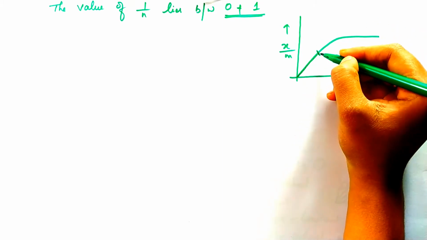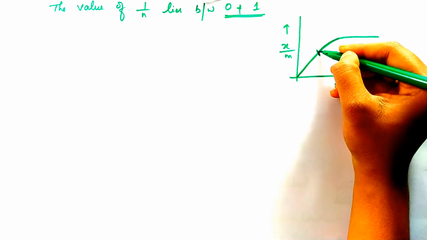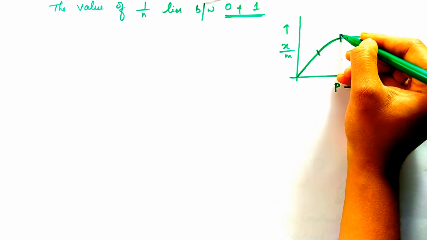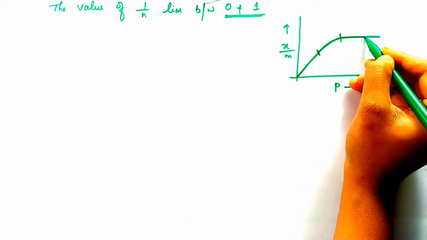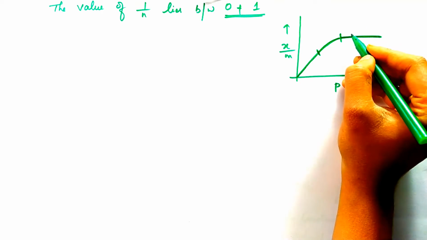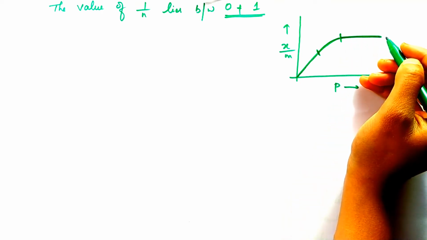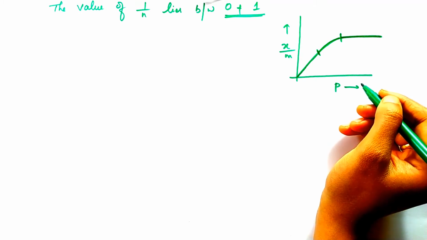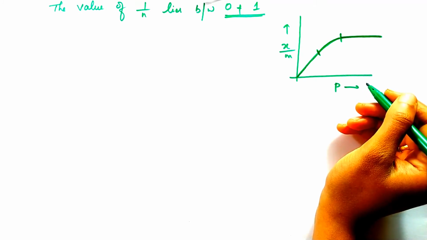I am taking this as the first part, then you can observe the curve, which I am taking as the second part. Finally, as the pressure increases, the graph remains the same and becomes constant. From here to here, it is the third part. I am going to discuss this graph in three parts, that is, in three cases. Let's see one by one.